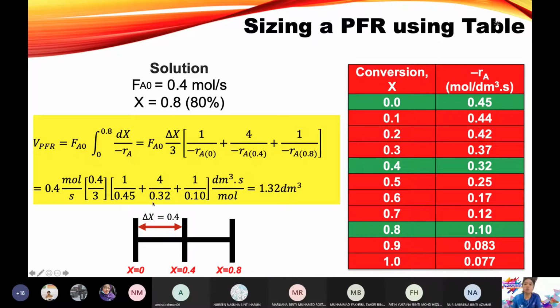Why 0.32? Because it says minus RA when my X is 0.4, and at 0.4 my minus RA is 0.32. Last one, 1 per minus RA when my X is 0.8. So at X of 0.8, my minus RA is 0.10. So solve, and don't forget the table gives minus RA.